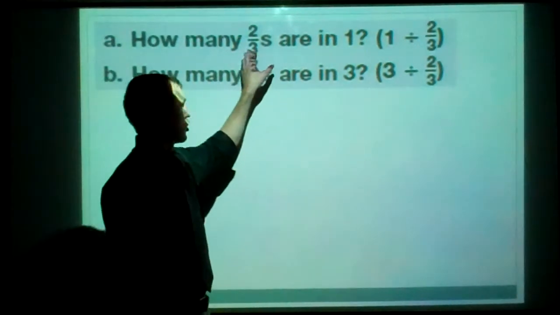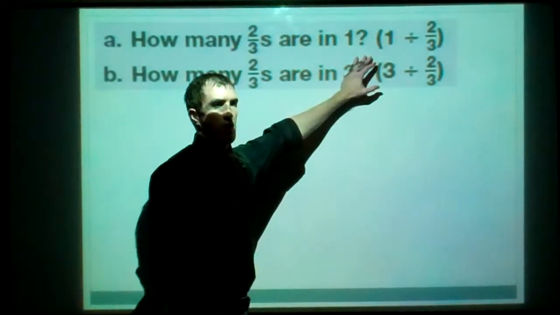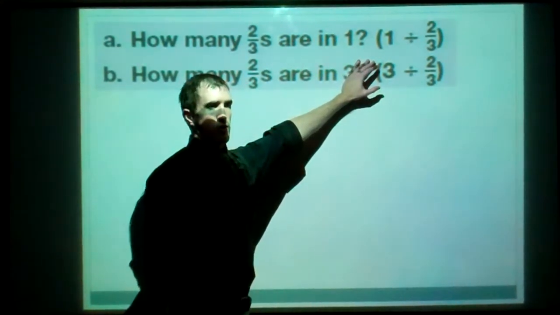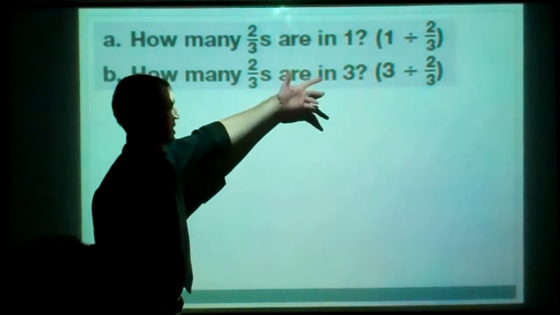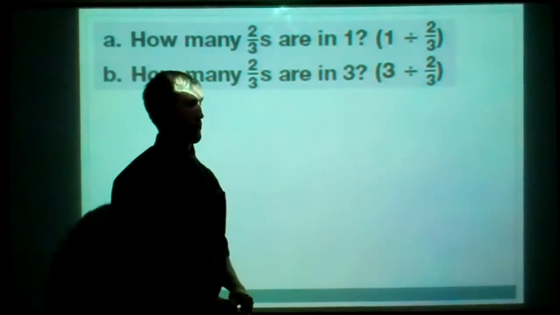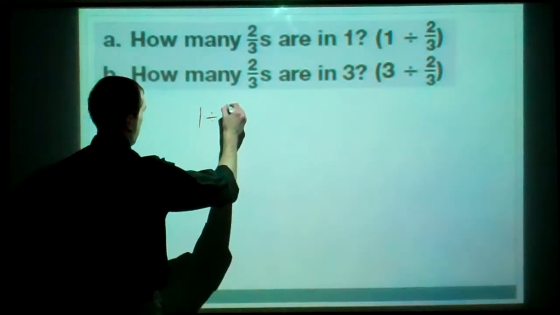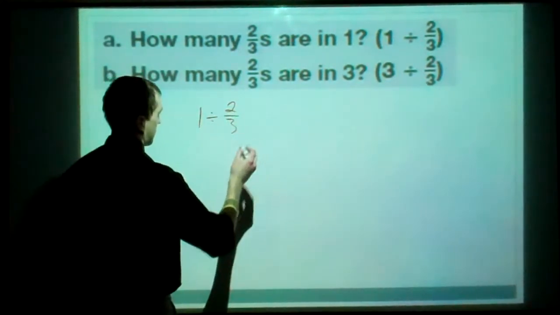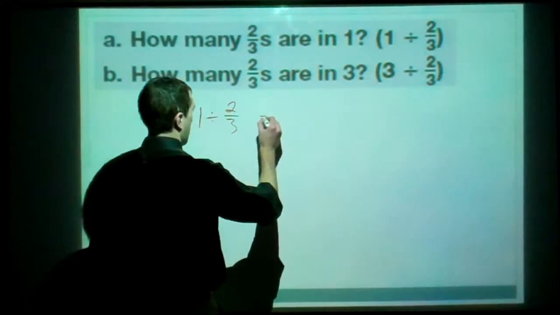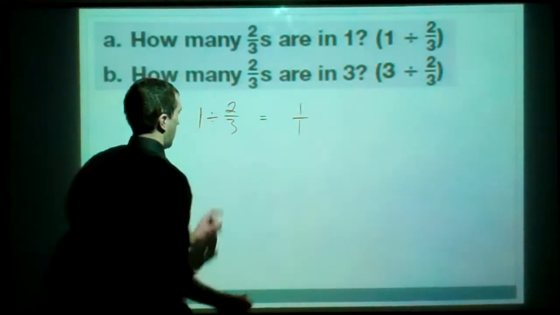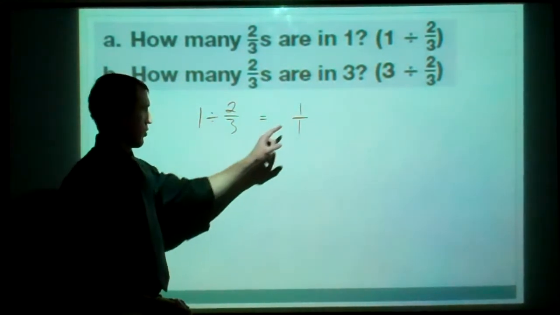How many 2's are in 4? There are 2 2's in 4. So that's 4 divided by 2. That's why this means 1 divided by 2/3. So we know that 1 divided by 2/3 is going to start with 1 over 1.